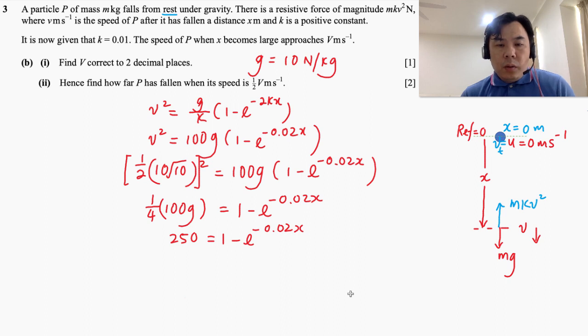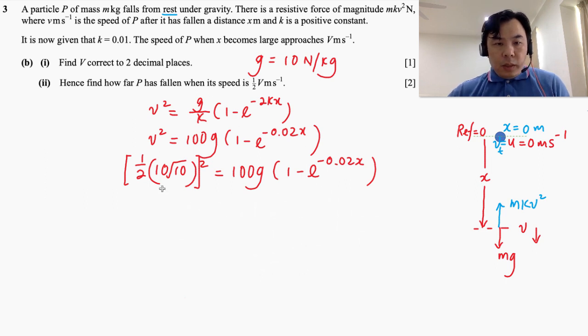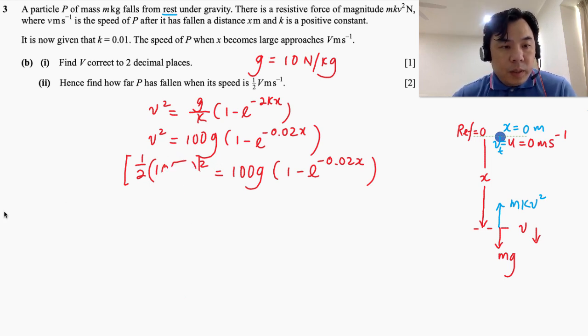Did I mistakenly copy down? Oh yeah, I did identify my own mistake here. Let me correct that. Yes, correct, that is actually a V, and this is actually a V squared. So if we apply this, this is actually a quarter. All right, I think that is my main mistake.